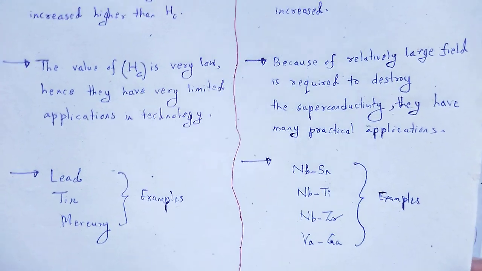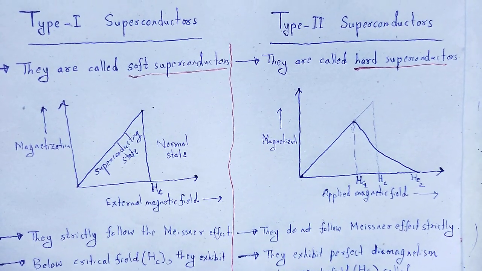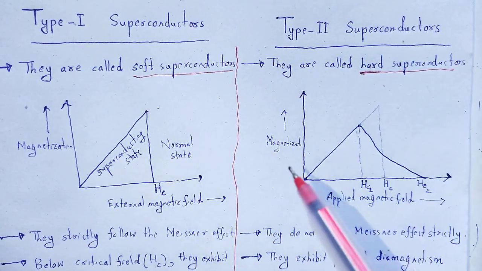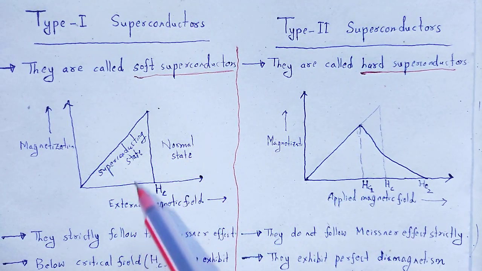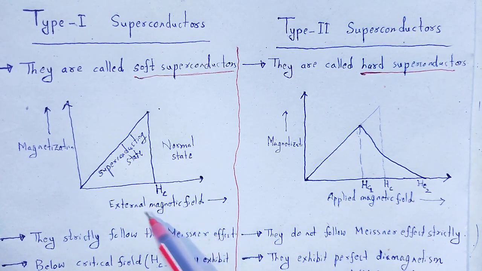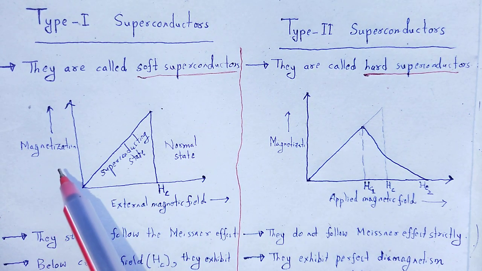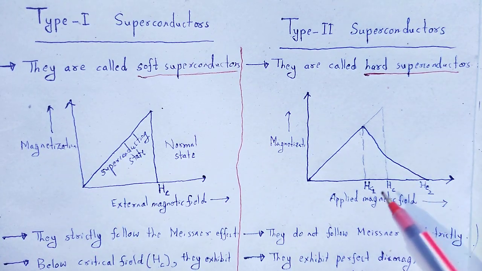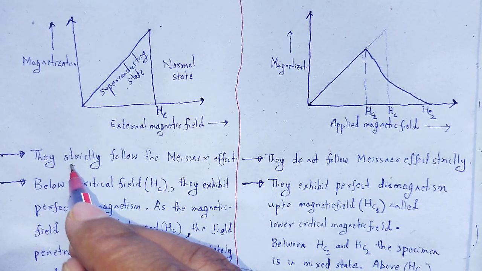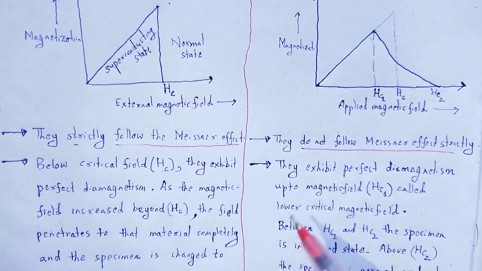Here are some basic points of differentiation between type 1 superconductors and type 2 superconductors: soft superconductors, hard superconductors, the graphical picture of external magnetic field against magnetization for type 1 and the same for type 2. They strictly follow the Meissner effect, they do not follow the Meissner effect.